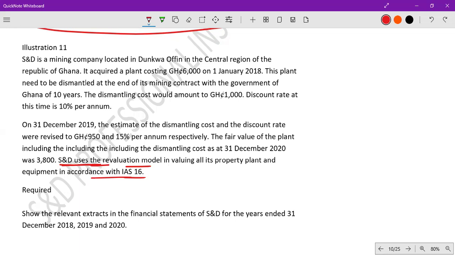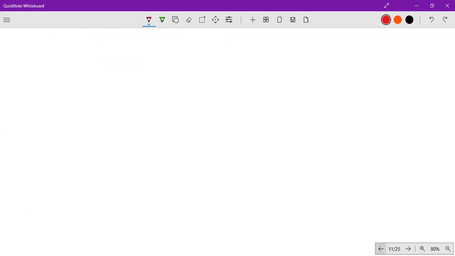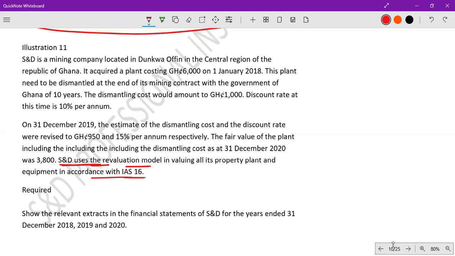And I've told you that we are going to solve only the revaluation. And I've told you how to solve the cost model. I said it must be adjusted to what? Both the provision and the cost of the asset. That's all. So let's solve this one quickly, and then we move on.